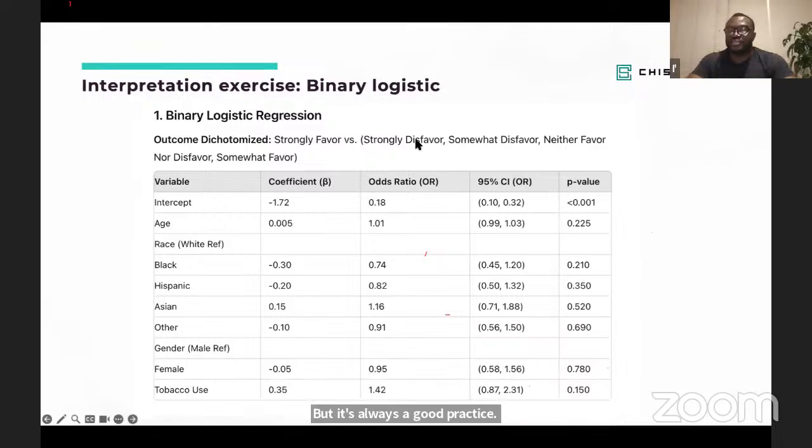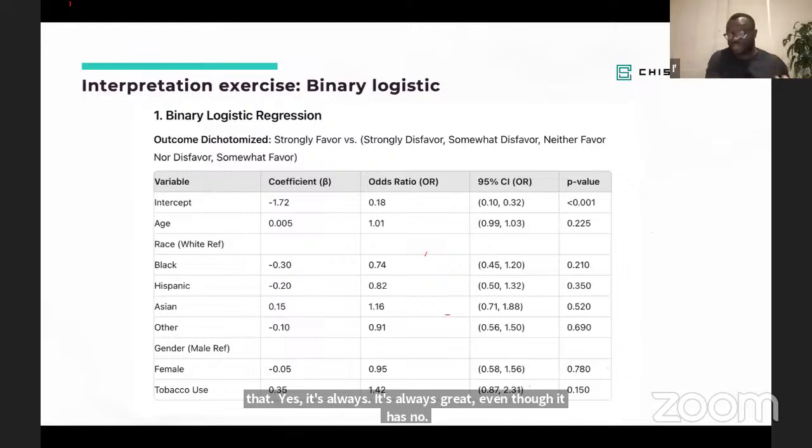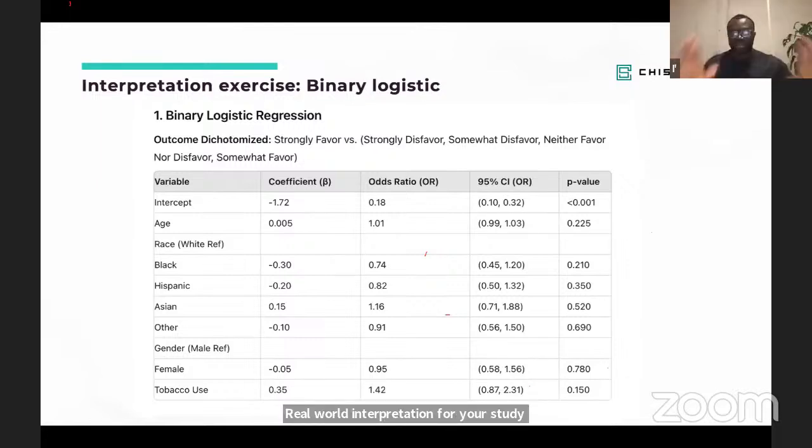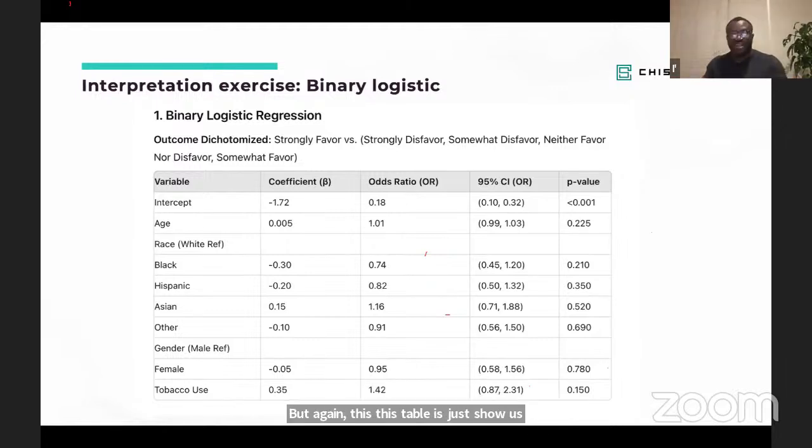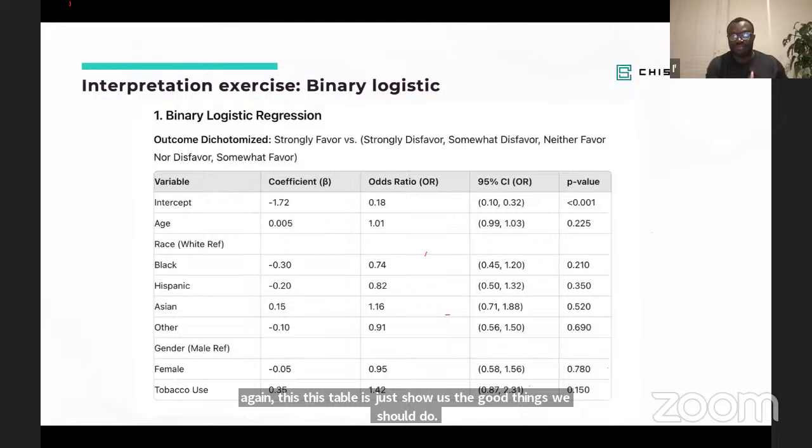So in terms of modeling good behavior, I have included the intercept here to show you that it's always great to show the complete results, even though it has no real world interpretation. This table just shows us the good things we should do and the bad things we should avoid when capturing our results.